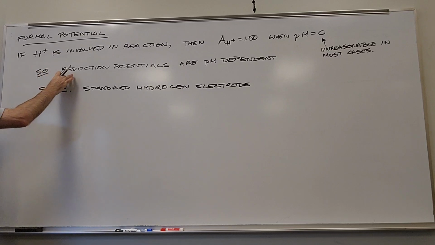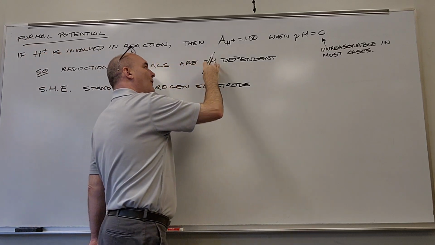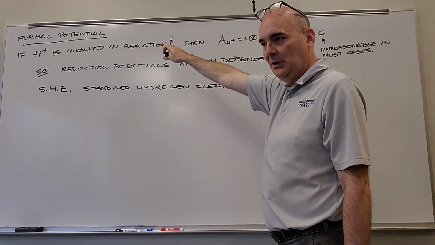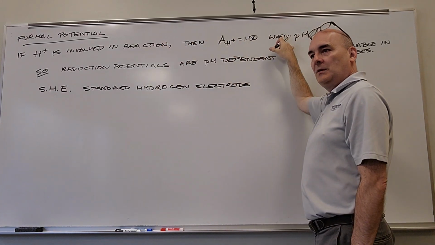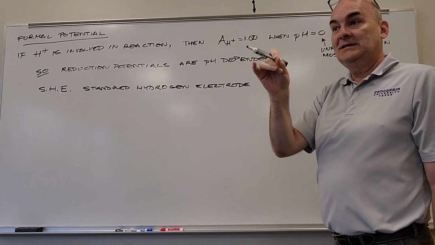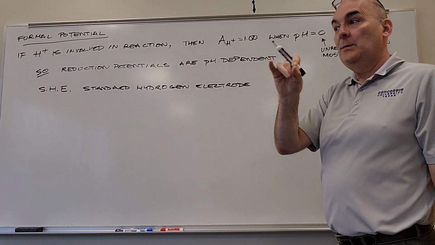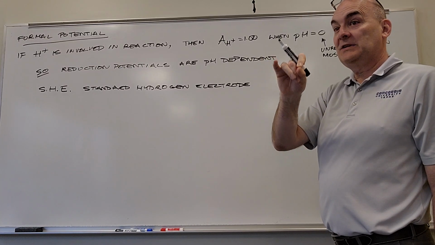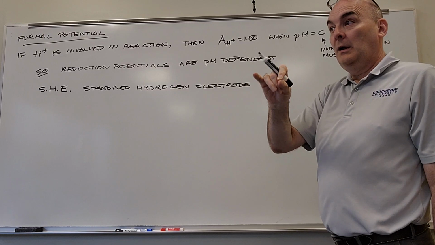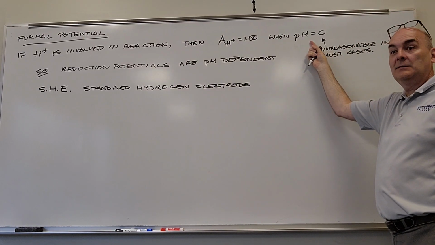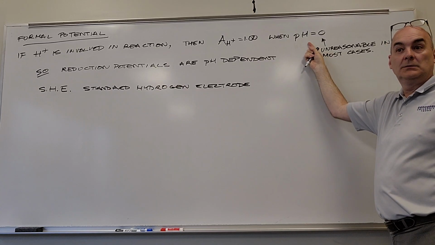Because reduction potentials are dependent on the acid, because the acid is part of the reaction, it's unreasonable to look at this delicate biological equilibrium that happens at pH 7.4, and then have the math underpinning it have my pH be at 0.